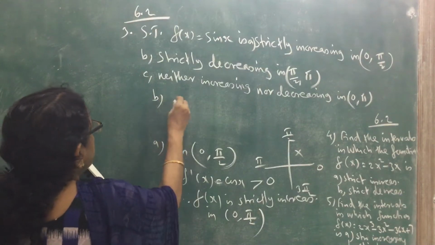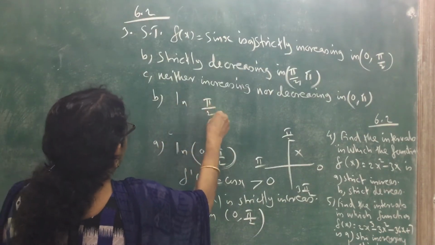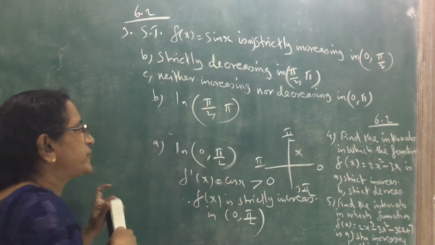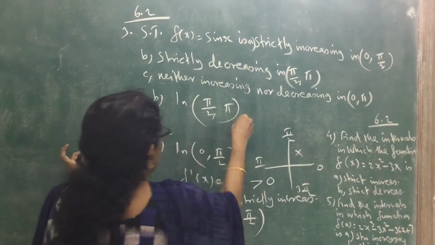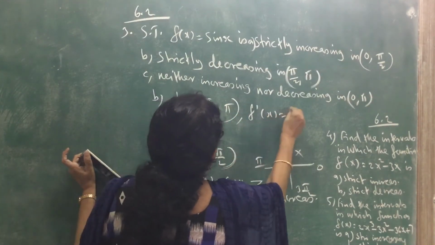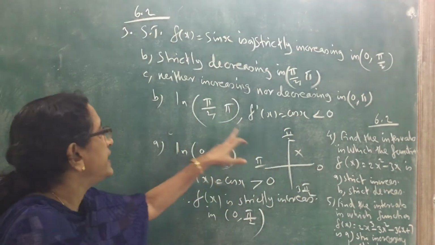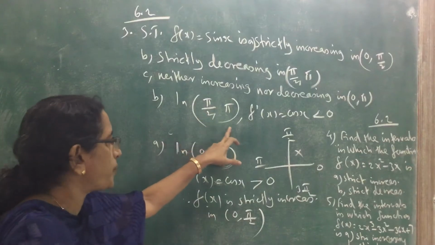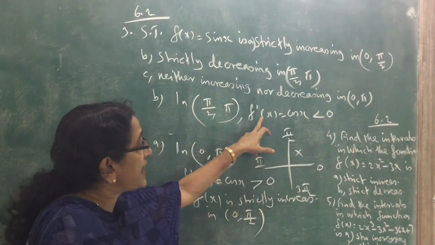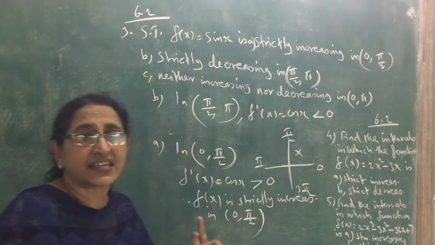Therefore, we can write, in the open interval (pi by 2, pi), f dash x equal to cos x is less than 0, negative, in the second quadrant. In the interval pi by 2 to pi, that is the second quadrant, f dash x, that is cos x, is less than 0.